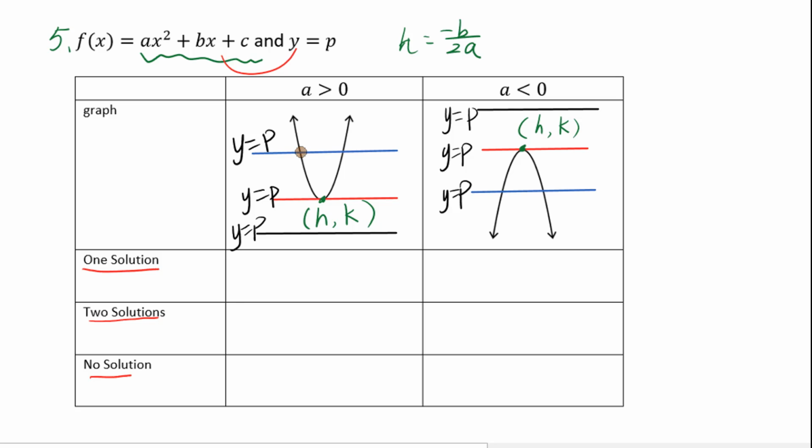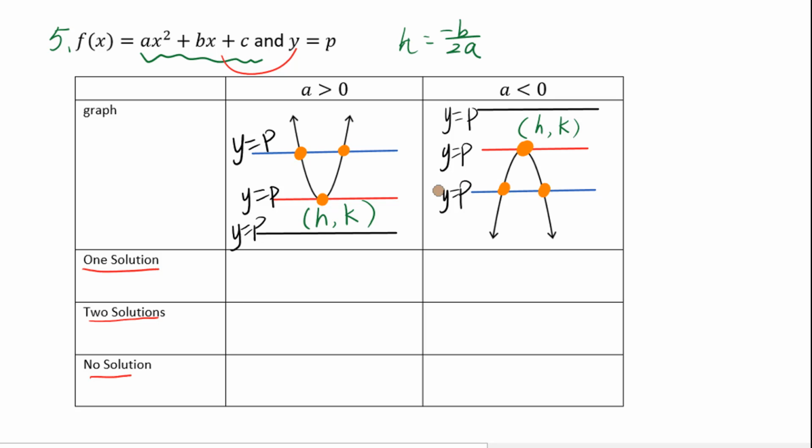When y equals p intersects the quadratic function twice, which means there are two solutions. When y equals p intersects the function only once, then there is only one solution.